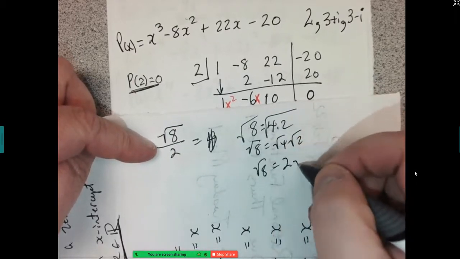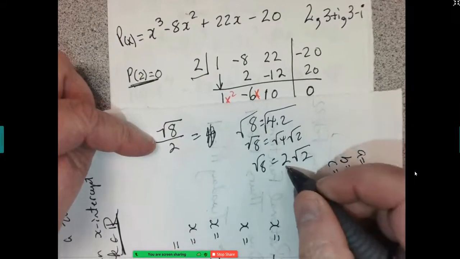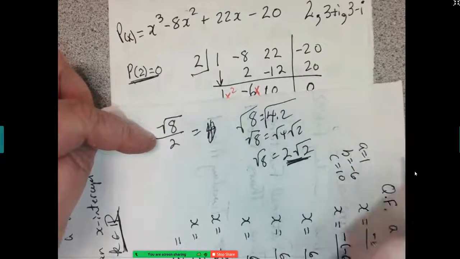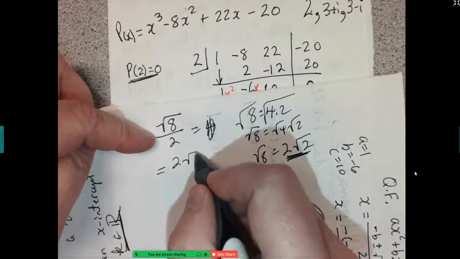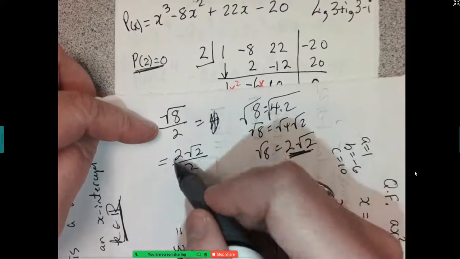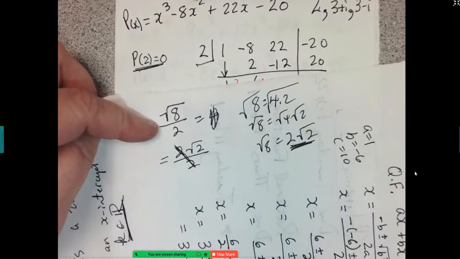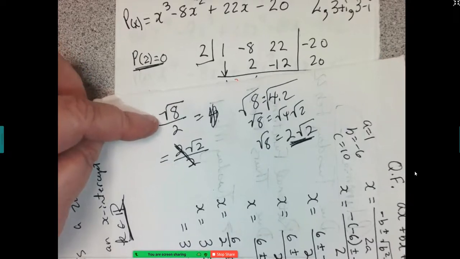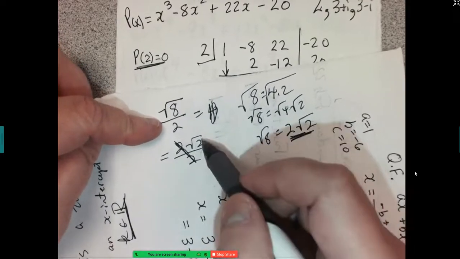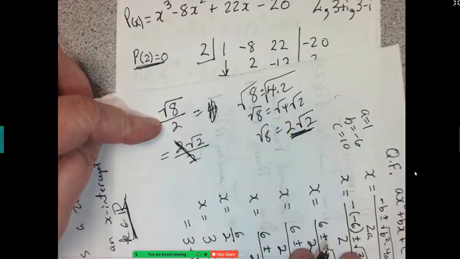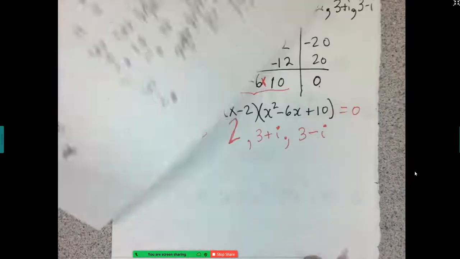Whenever you have square root of 8, that's the better way to write it because you can do cancellation. Now I can make a cancellation there. Okay. So the square root of 8 divided by 2 is just the square root of 2.